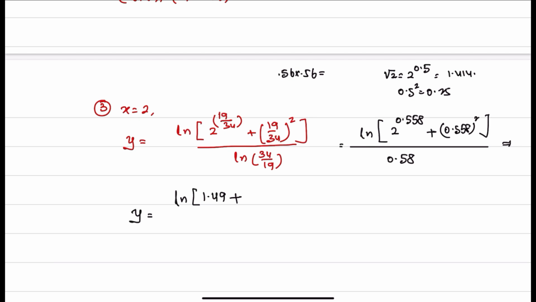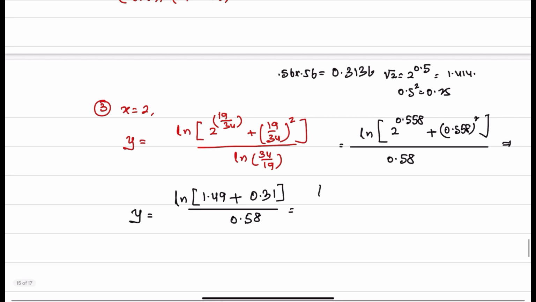If not, you should not use the calculator. You should use it here. It is 0.3136. Let us say we'll take it as 0.31 for 2 digits, divided by 0.58. This will be ln of 1.80 approximately, divided by 0.58.